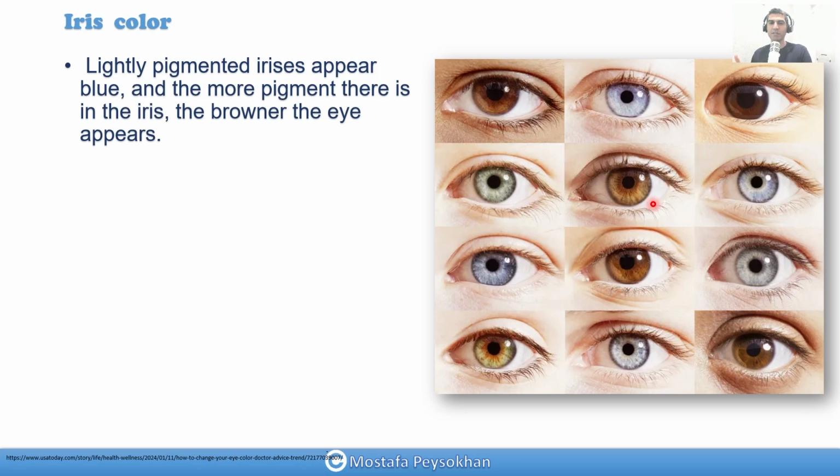When the pigmentation in the iris is high, then the colors go closer to brown or black. That is just another concept, and it doesn't have any effect on the visual or optical system, but the color comes from the pigmentation in the iris.